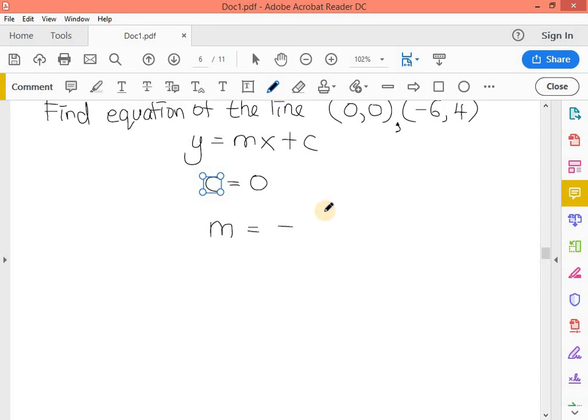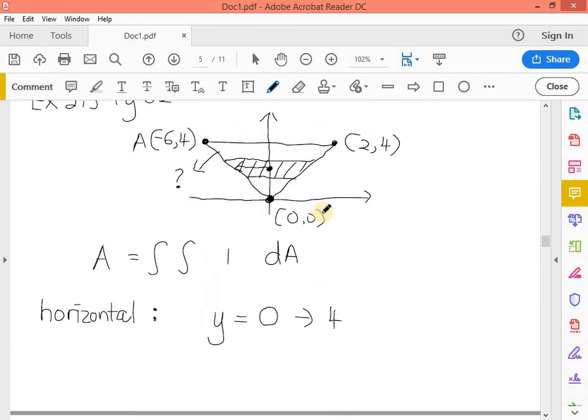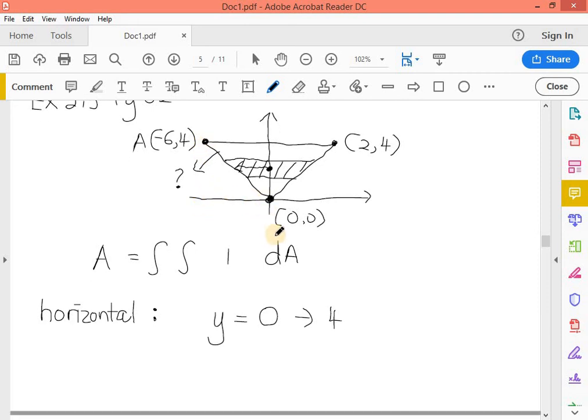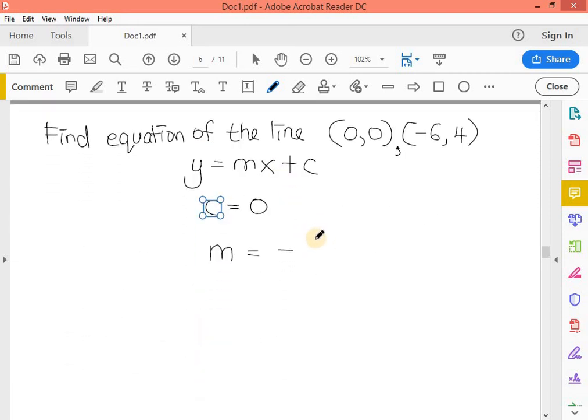The gradient is 4 divided by 6, negative 2 over 3.